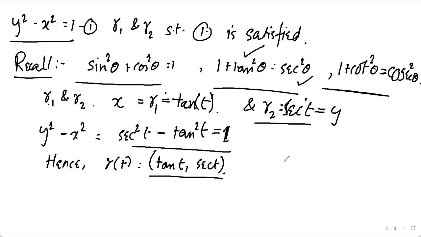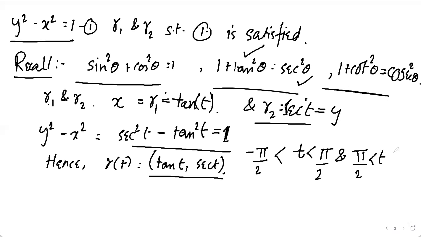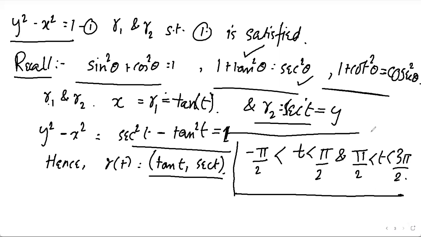Now, an important thing here to notice is that t lies from minus pi by 2 to pi by 2, and now this is essential because the trigonometric functions are periodic in nature.